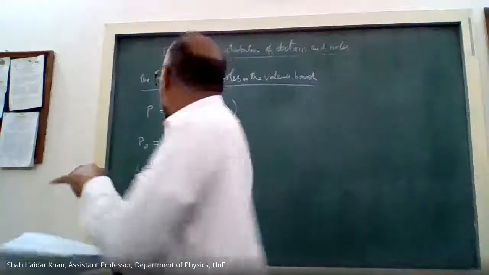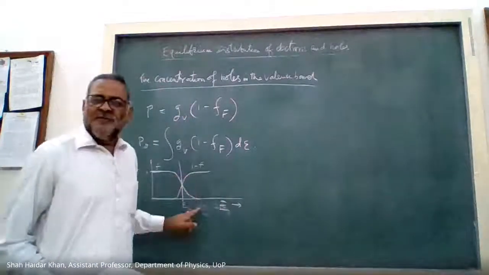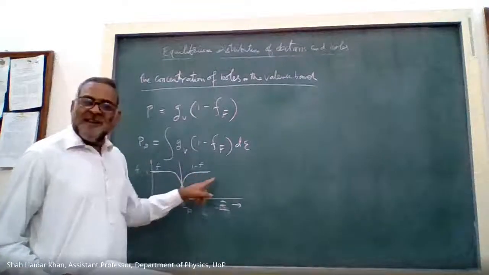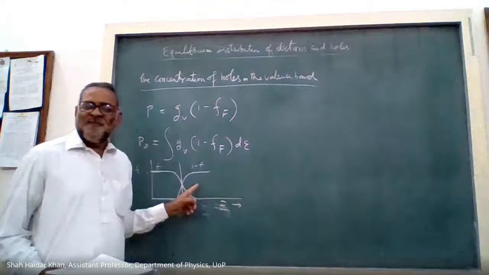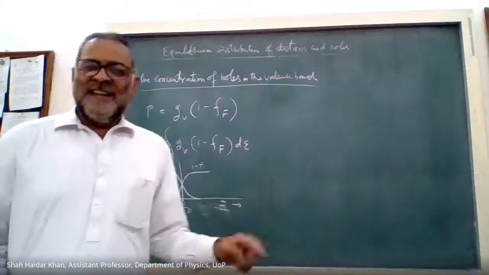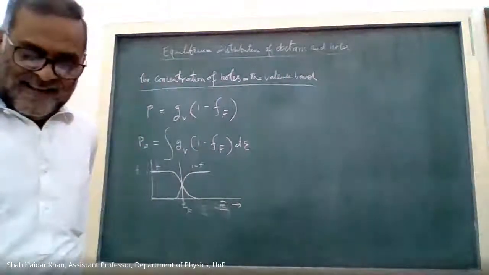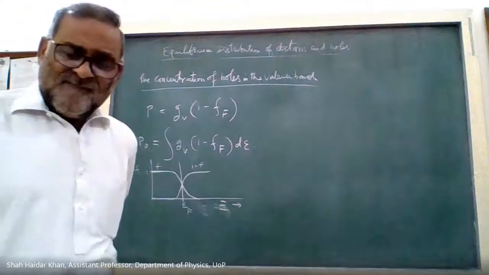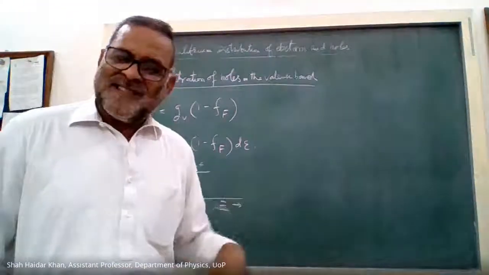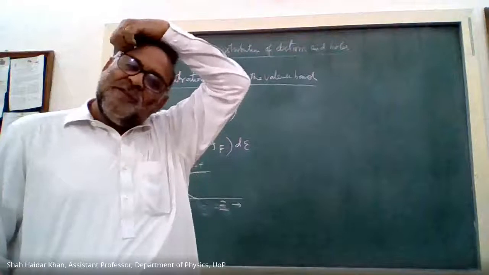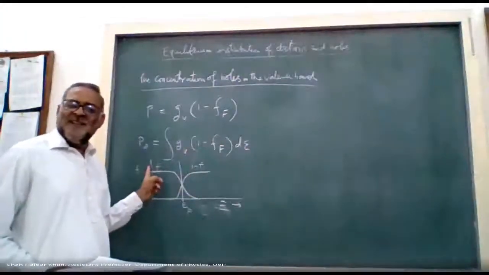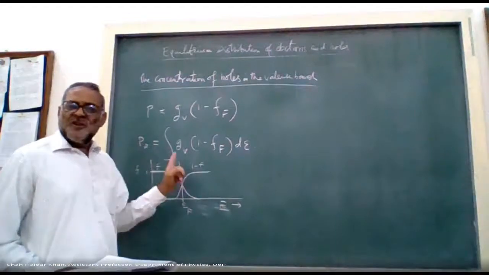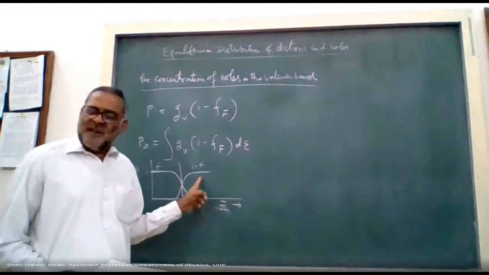But here, for below the Fermi level, 1 minus f is like that. So for energies EF minus DE, below the Fermi level, 1 minus f is like f. So the Fermi function is like the 1 minus f function.